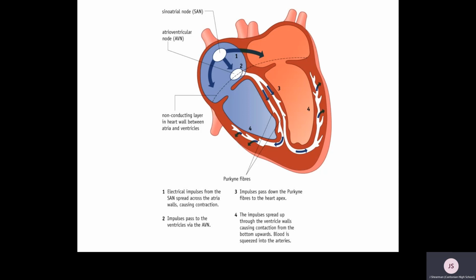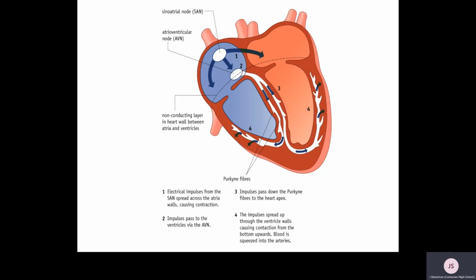That's the one also known as the pacemaker. Now the SAN generates electrical impulses, and they spread across the walls of the atria. That's the proper plural for atrium. You shouldn't say atriums. And these impulses cause the atria to contract.